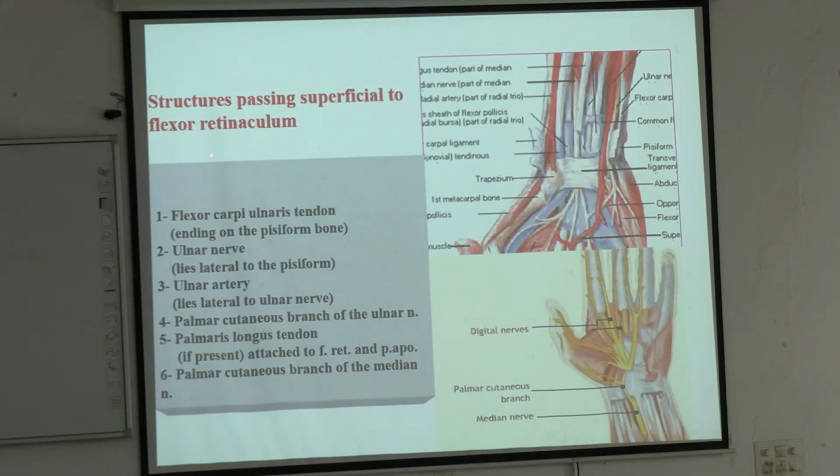So this palmar cutaneous branch supplies the palm. Because it is jumping above it, this branch escapes the compression in the carpal tunnel. So only these 3.5 fingers will be affected in case of carpal tunnel syndrome.